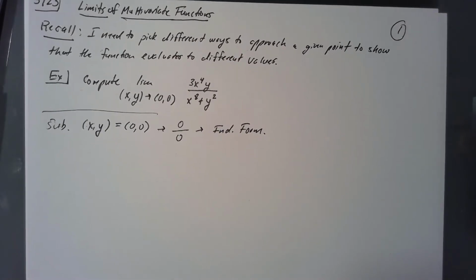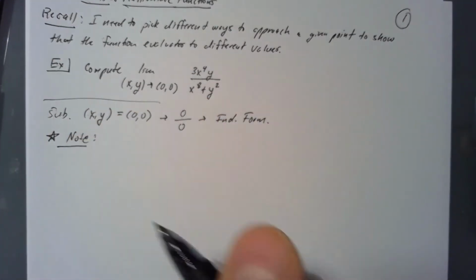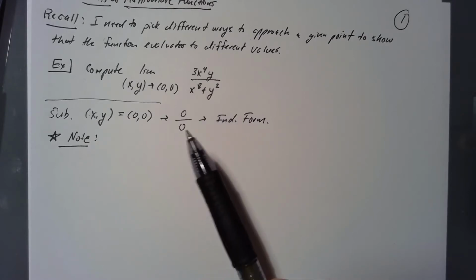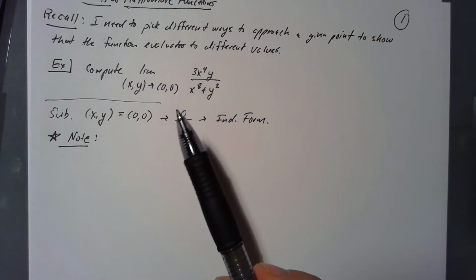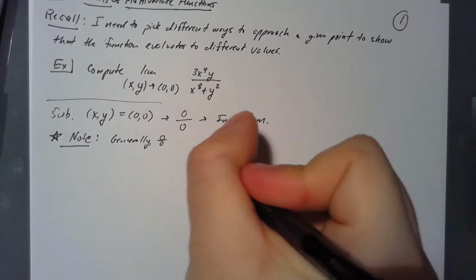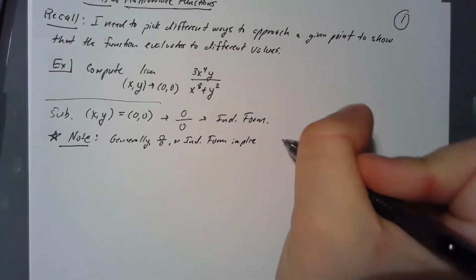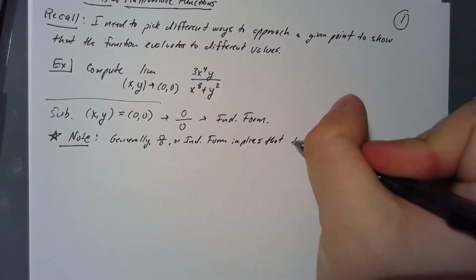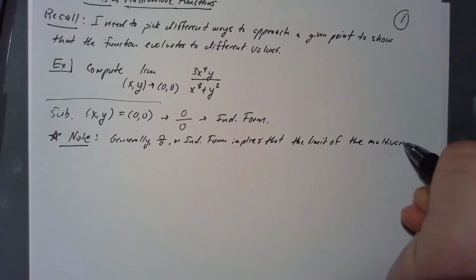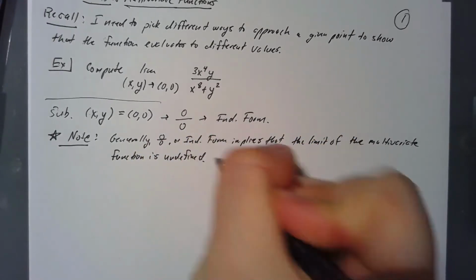I'll make a little subnote here, and I did kind of allude to this in the other example that we did prior to spring break, but generally when you get indeterminate form of a multivariate function limit, that generally implies, so generally, 0 over 0 or indeterminate form implies that the limit of the multivariate function is undefined or does not exist, generally.